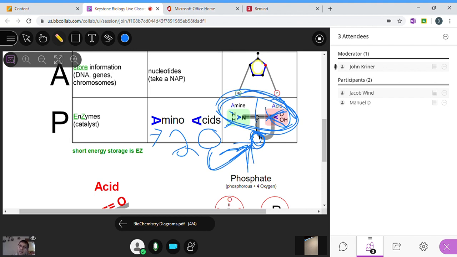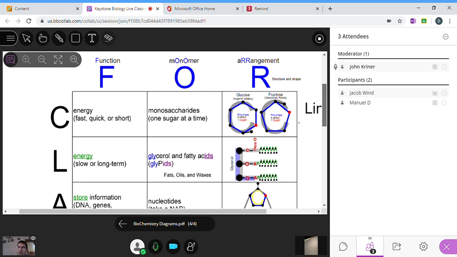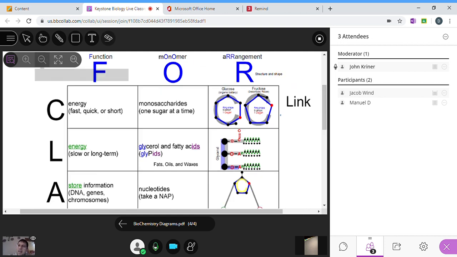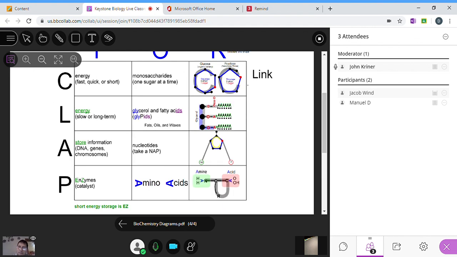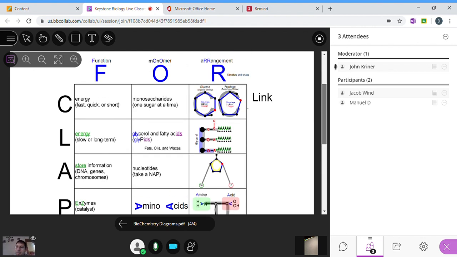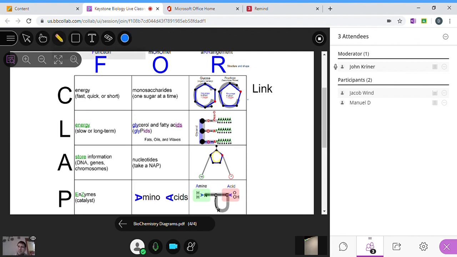Those are the macromolecules of life. All living things are made of these 4 macromolecules. How do we remember them? We clap for them. CLAP.